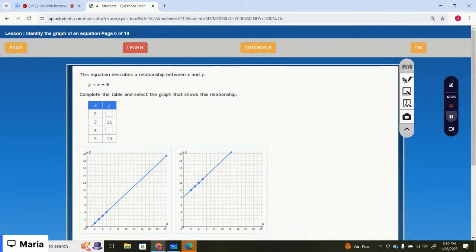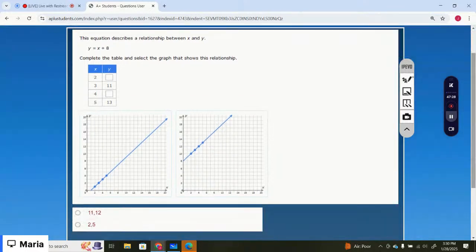Eight plus 2 is 10 and 12. 10 and 12 they are, right? That is a mistake. It is 10 and 12.